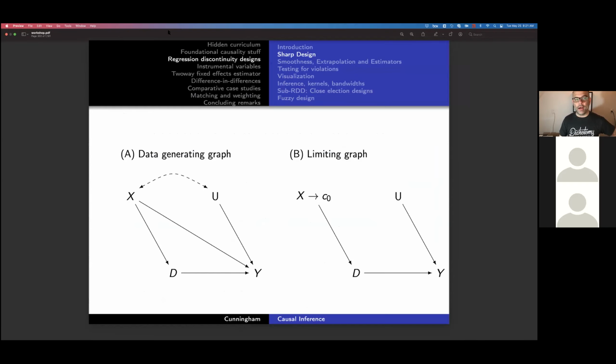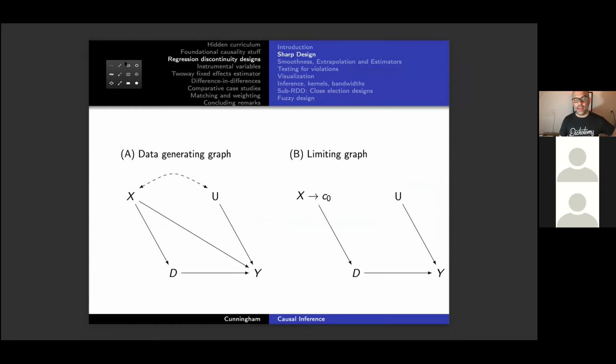What essentially is done is to block on X using the cutoff. You can address it as a confounder. It's observable. The running variable is an observable confounder.